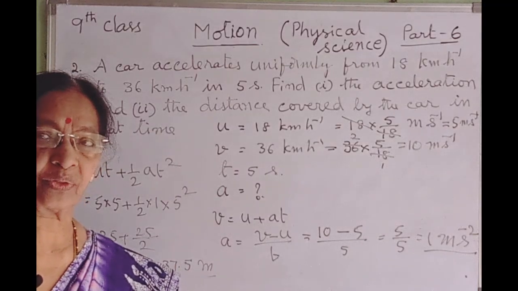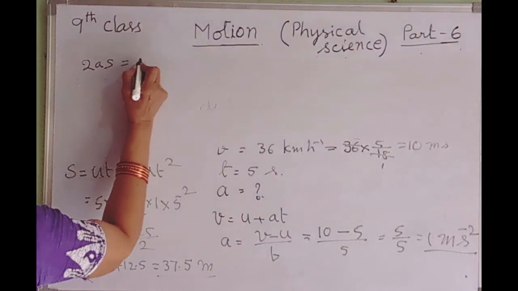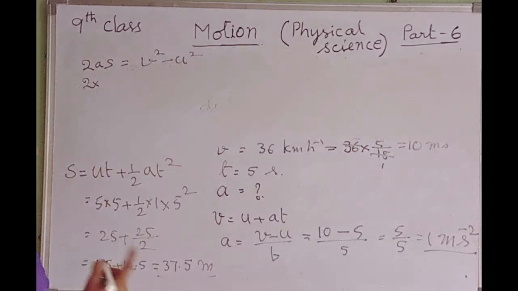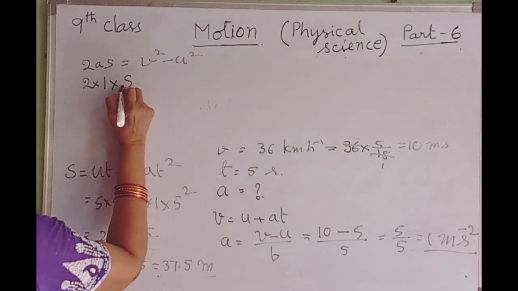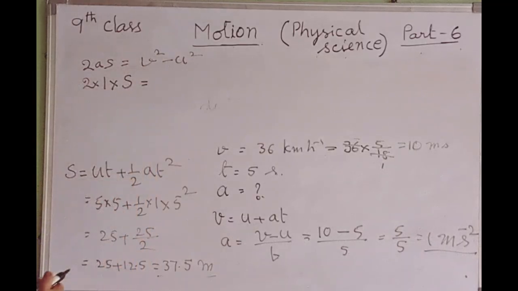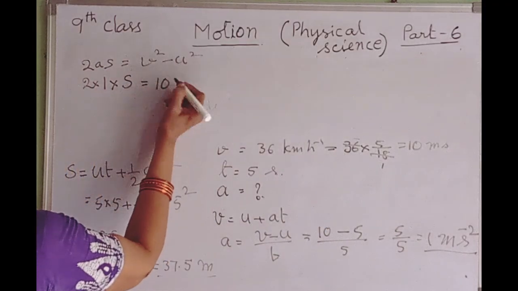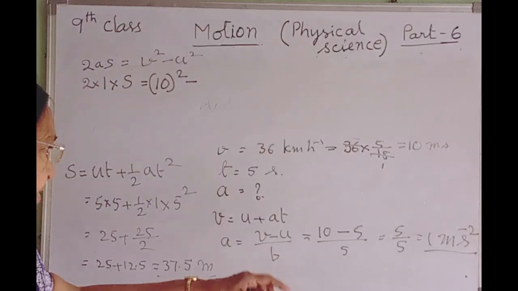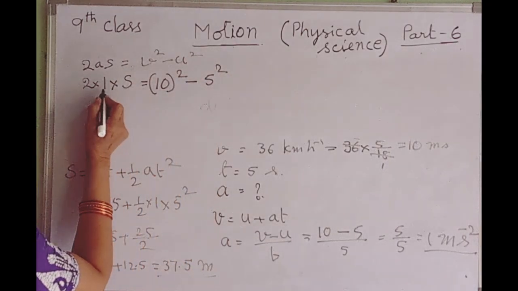Now let us calculate the distance travelled by the car during this interval using the third equation, that is 2as is equal to v square minus u square. 2 into a, acceleration is 1 meter per second square, and we have to find out v square. V is the final velocity, we have given 10 meter per second. So v square is 10 square minus u, initial velocity is 5, so 5 square. 2 into 1 into s.